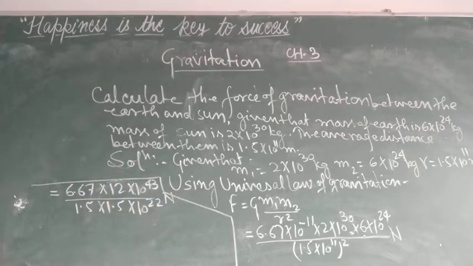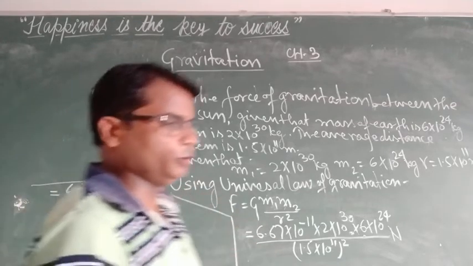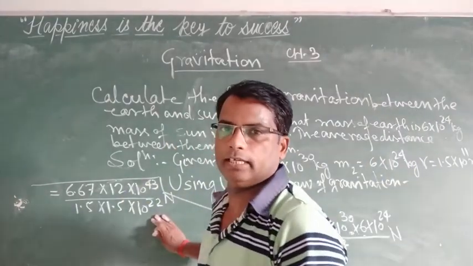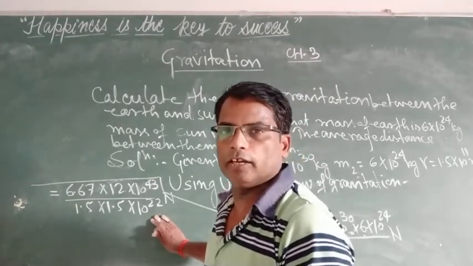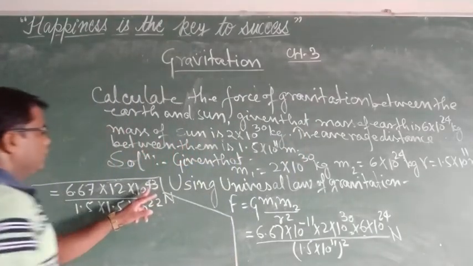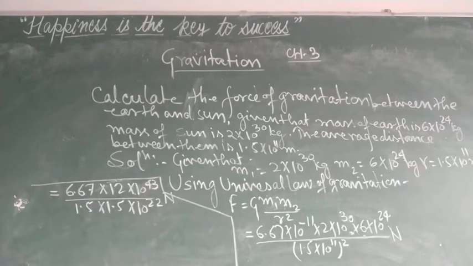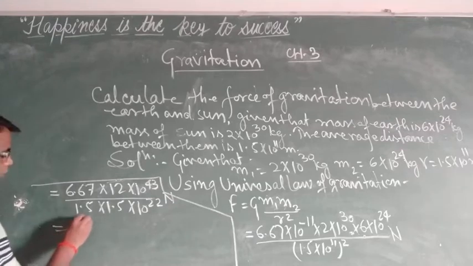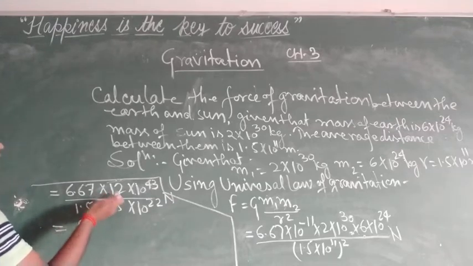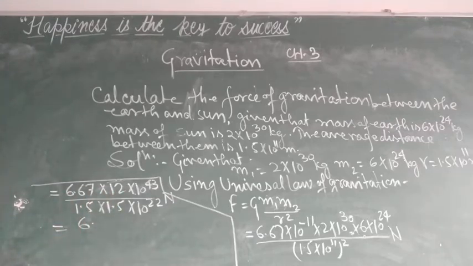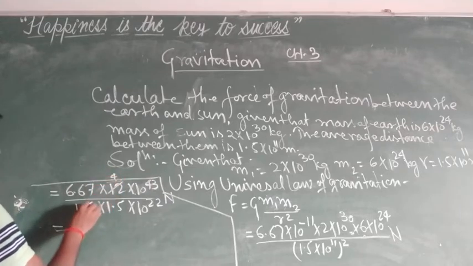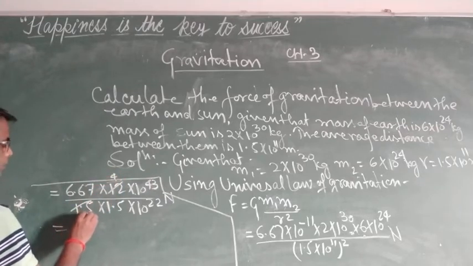Again you will use the formula a to the power m divided by a to the power n is equal to a to the power m minus n. Then 43 minus 22. When you do this, you get the value. 6 into, if we can divide this I will divide also. 3 fours are 12, 3 fives are 15.